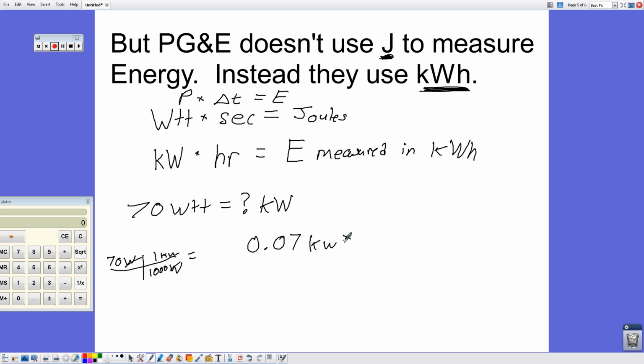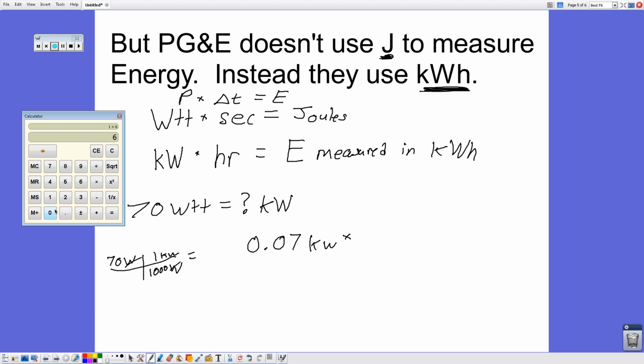Alright, now we had it on for 1 minute. Whew. Okay, well, 1 minute is 1/60th of an hour. I don't know what that is, I'm going to check. Alright, so 0.017 hours. 0.07 times 0.017 equals 0.001167 kilowatt hours.